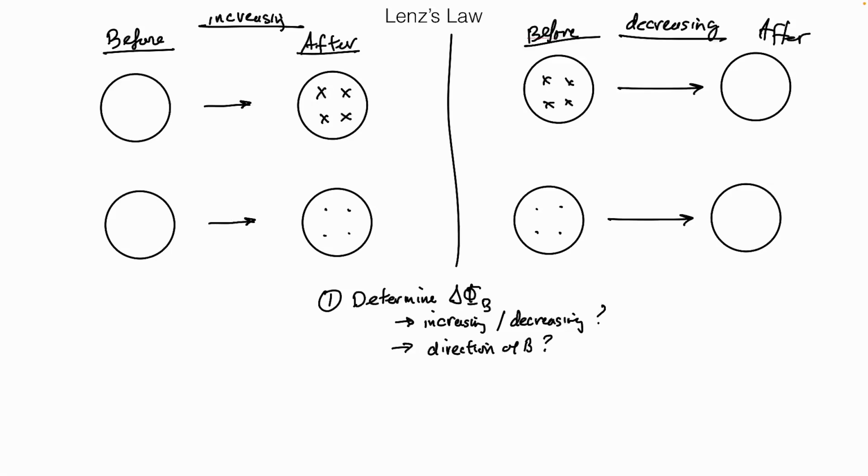So you've managed to figure out increasing or decreasing, right? And the directions in my examples here, we can just kind of see them, right? But oftentimes you're being asked to figure out the direction of the magnetic field and whether that field is increasing or decreasing the flux through the coil. Those are two different ideas, right? Increasing and decreasing is separate from what direction the magnetic field is pointing.